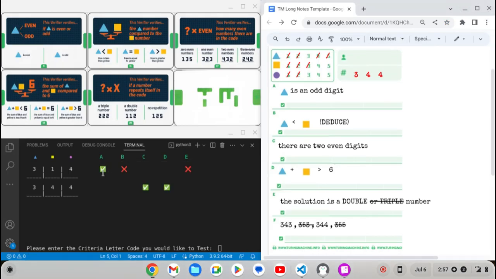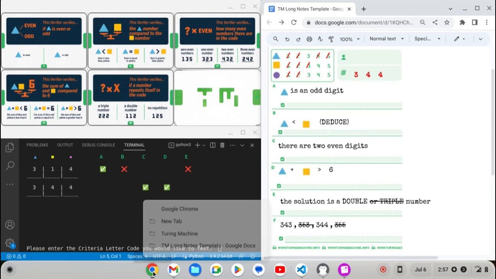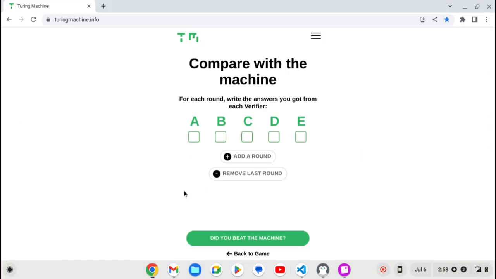So it looks like the first round we did A, B, E. The first one was correct. And in the second round we got both C and D correct. So A, B, E: B and E were wrong.